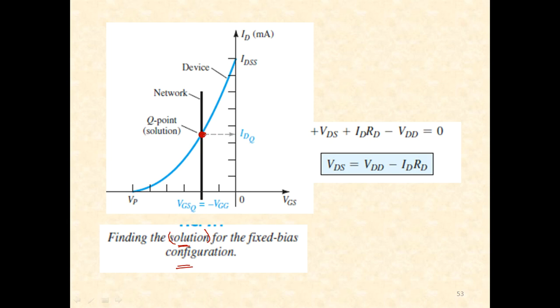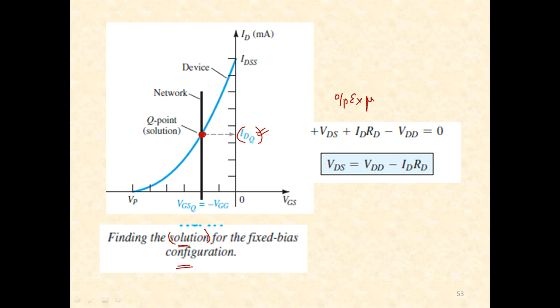Now if I extend the Q point position onto the drain current characteristics, I will get the drain current at this particular quiescent point. This gives us a lot of information, especially when we are designing a particular amplifier.